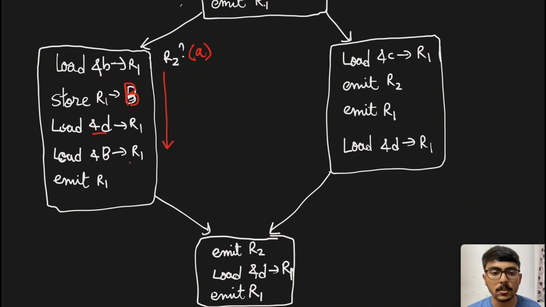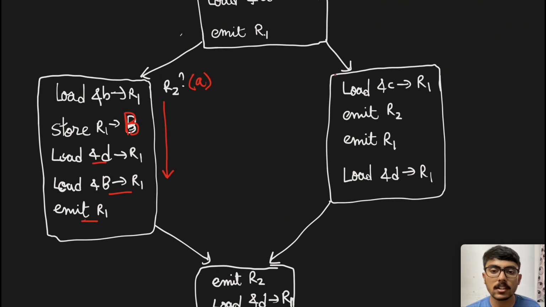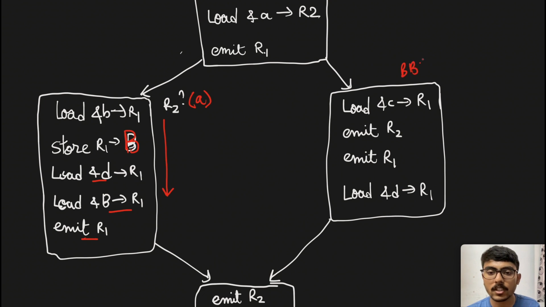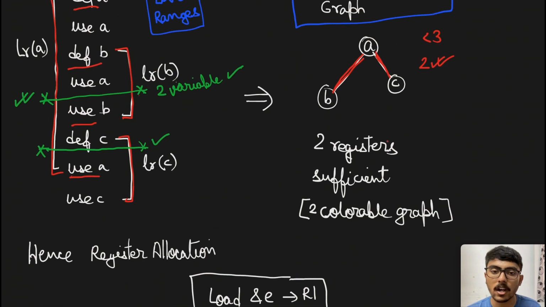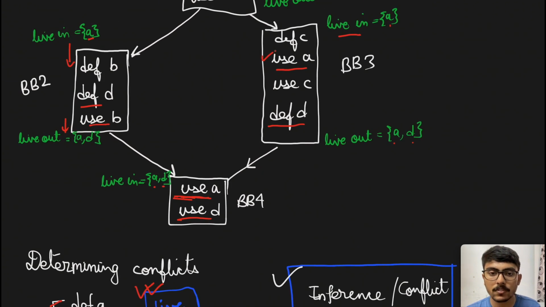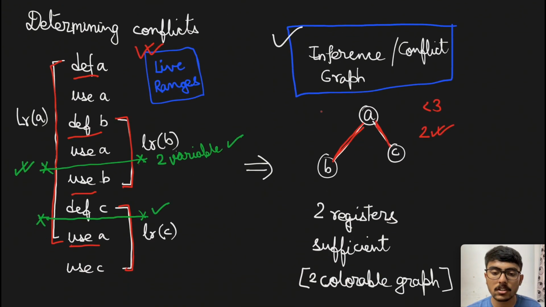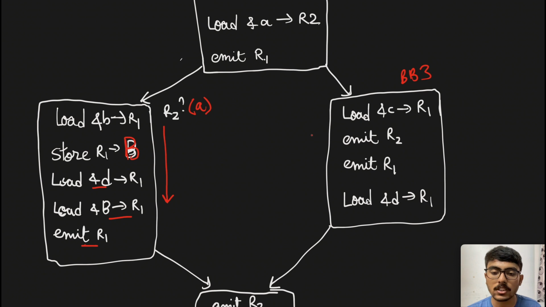So we loaded B into R1 and then we emitted R1 because we used that. Okay, now in basic block 3, we will load C into R1, we'll emit R2. Why R2? Because we are using A here. So again the same thing, we will not disturb A anywhere in this regard because A has to be passed through this basic block and used below.